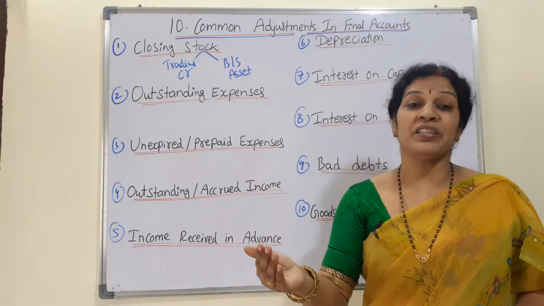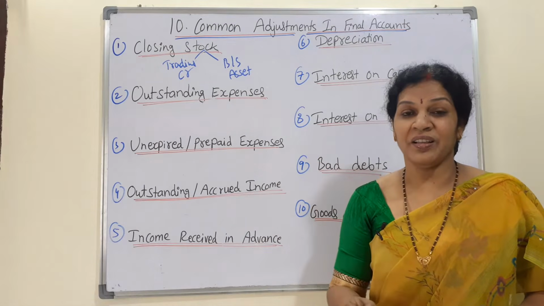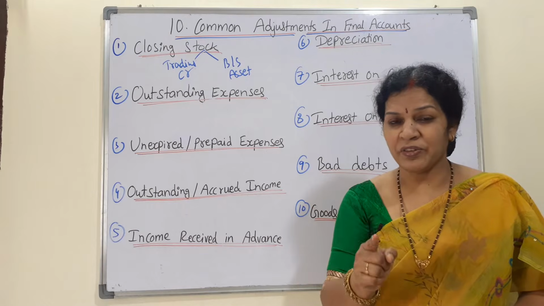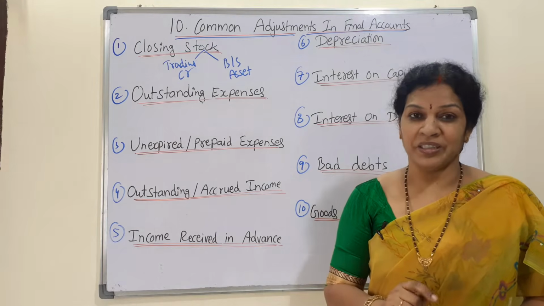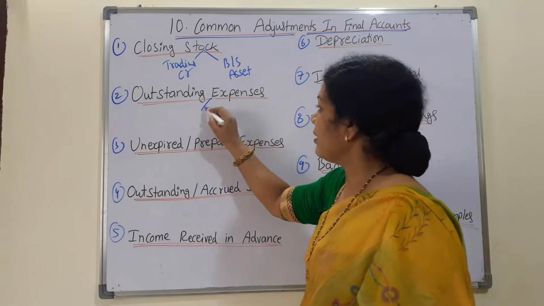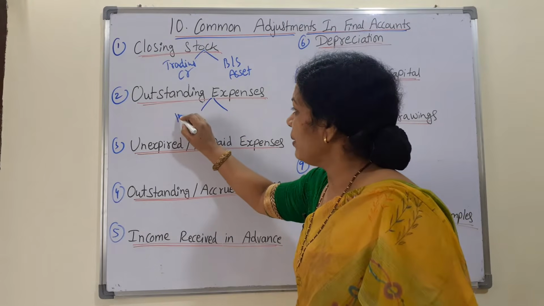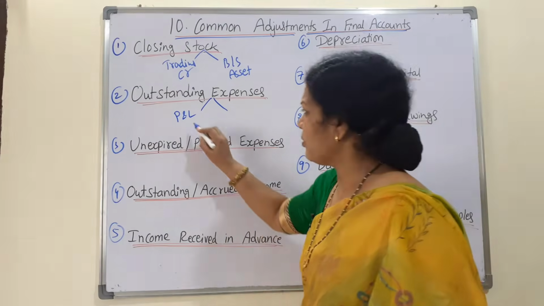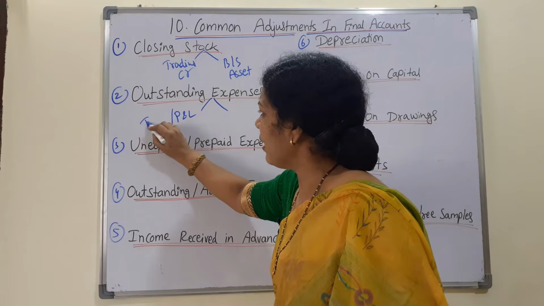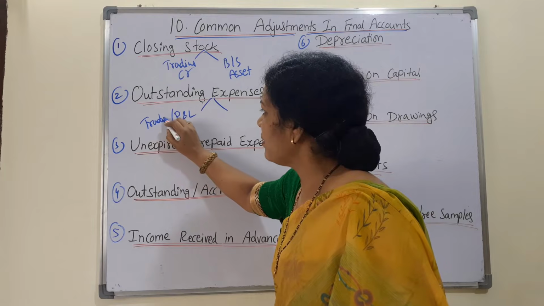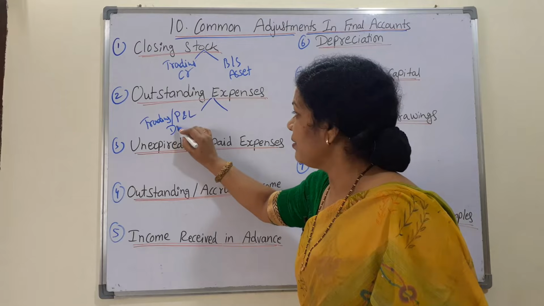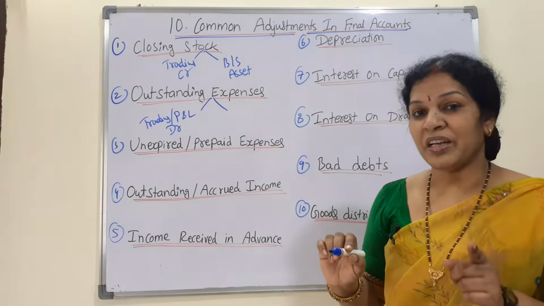Any outstanding expenses means payable, we have to pay. So if outstanding expenses are given in the adjustments, the effect will be like this. One is in the P&L account, or otherwise the trading account, it can be either one. Trading or P&L account, debit side, we will write.